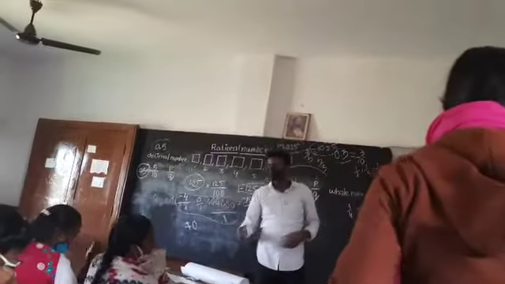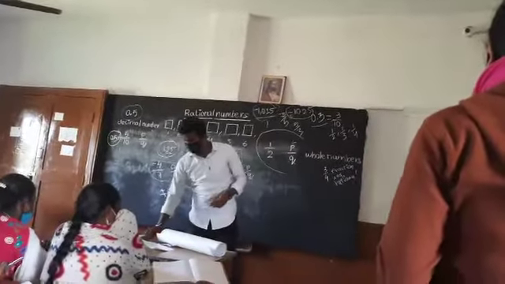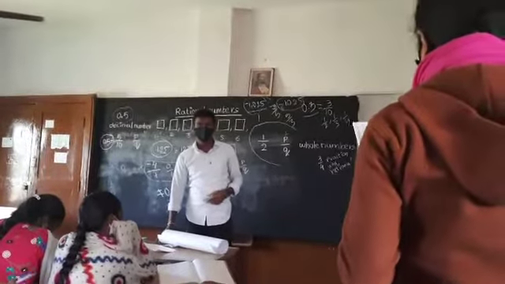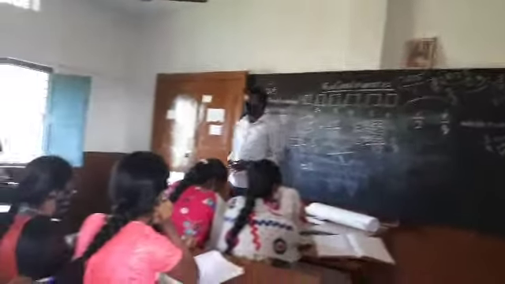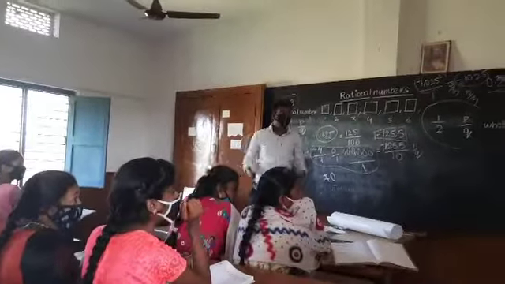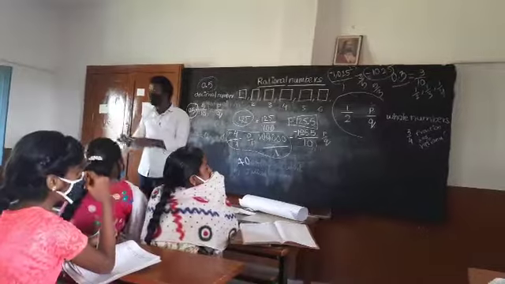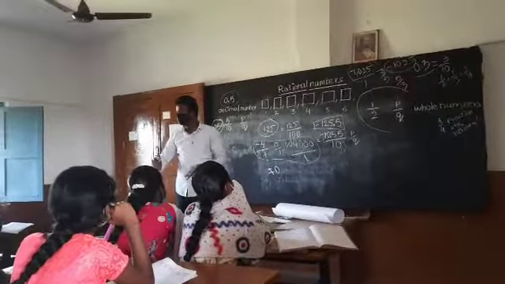Any number which can be expressed in the form of p by q, where p and q are integers, and q is not equal to 0. Exactly. Sit down. It is not necessary that it should be directly in the p by q form.